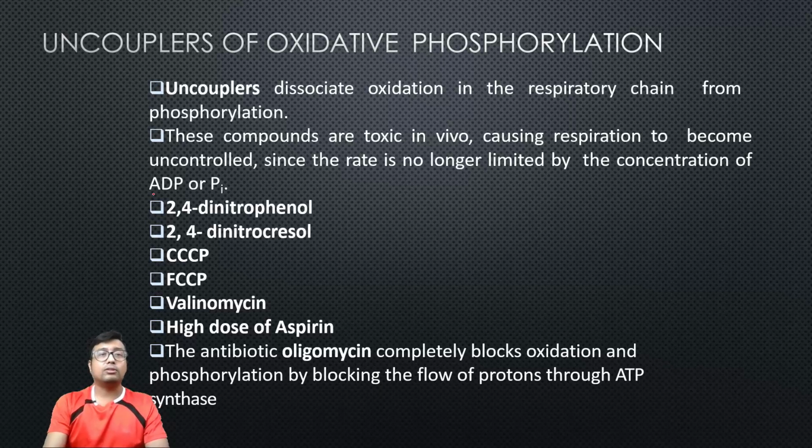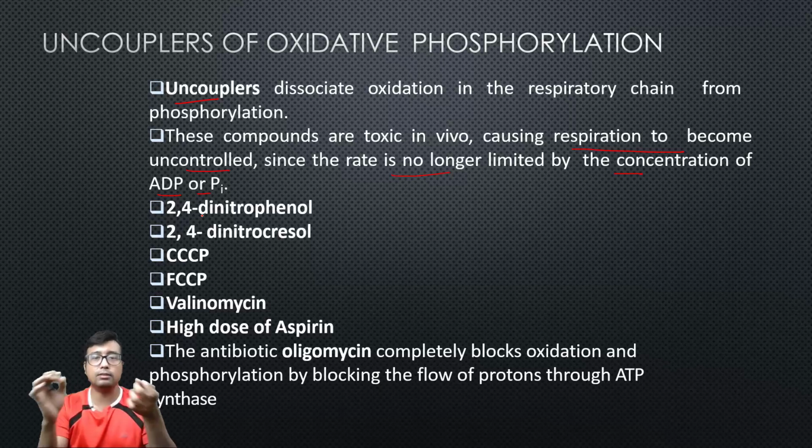But these compounds, these uncouplers, they uncouple. They are toxic in vivo, causing respiration to become uncontrolled. Hence, the rate is no longer limited by the concentration of ADP or inorganic phosphate. So there is complete disruption of respiration and phosphorylation coupling.